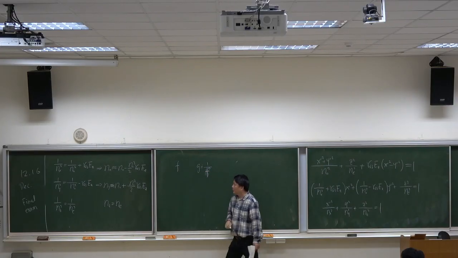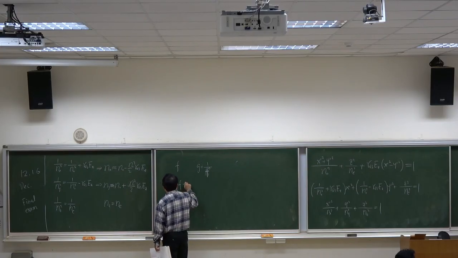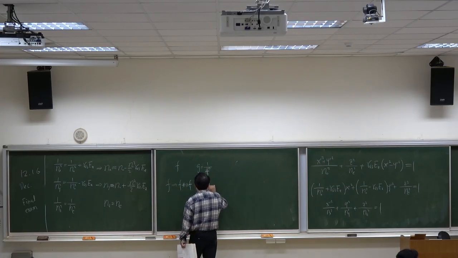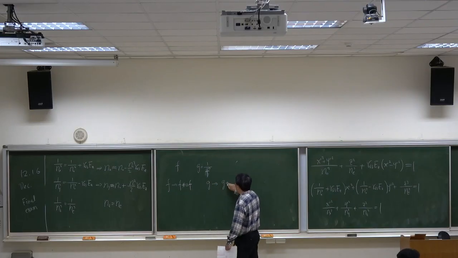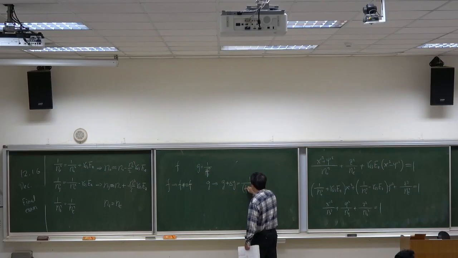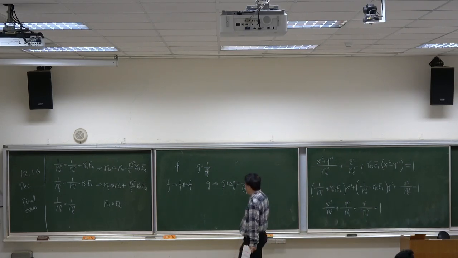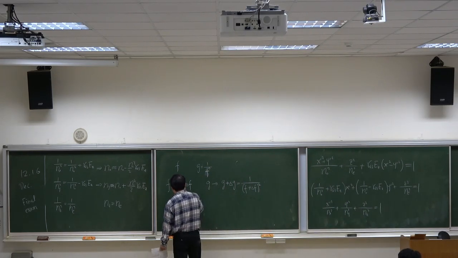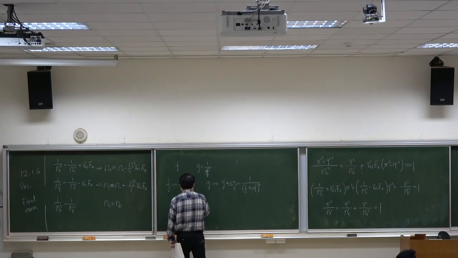So if we change f to f plus delta f, g becomes g plus delta g, equal to 1 over f plus delta f squared. So what is delta g? Delta g is this.